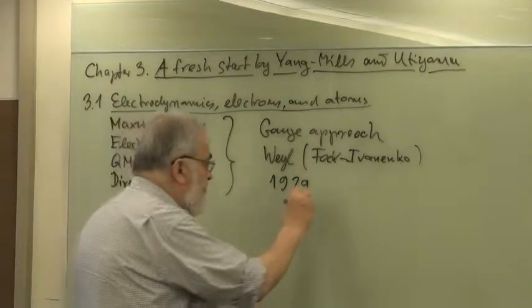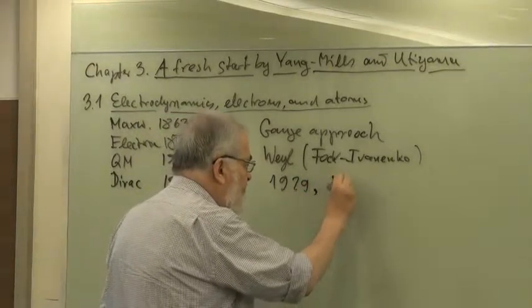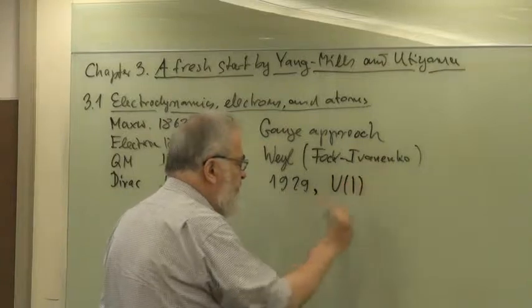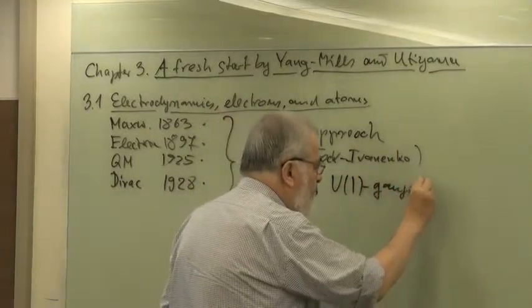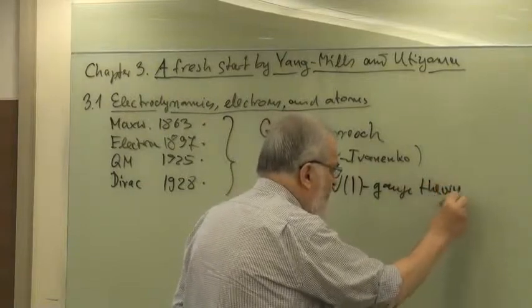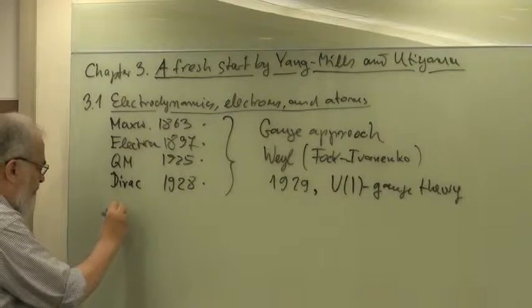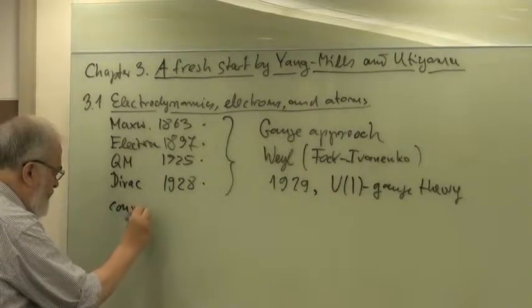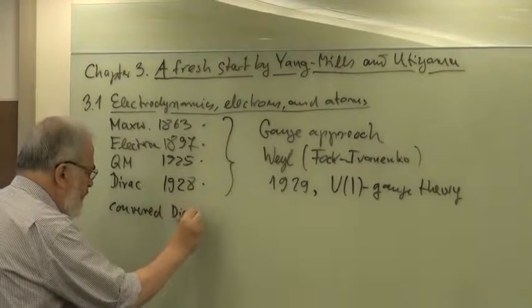Weyl gave the first consistent representation of a U(1) gauge theory. There was the conserved Dirac current, the electric current.